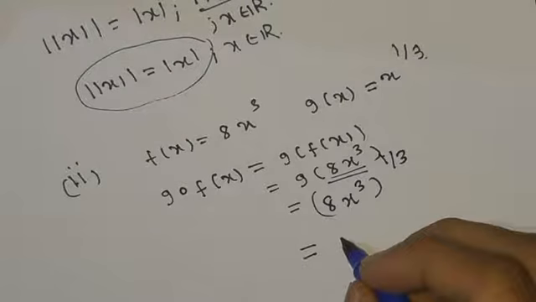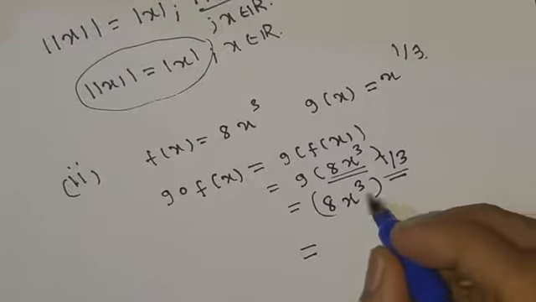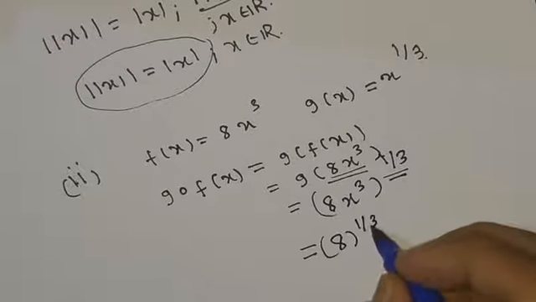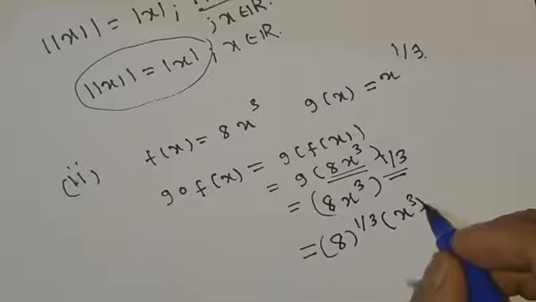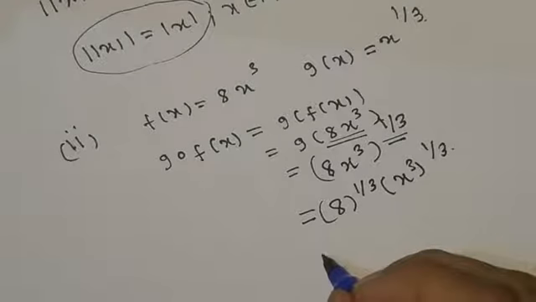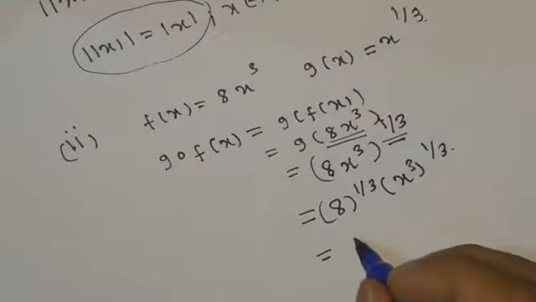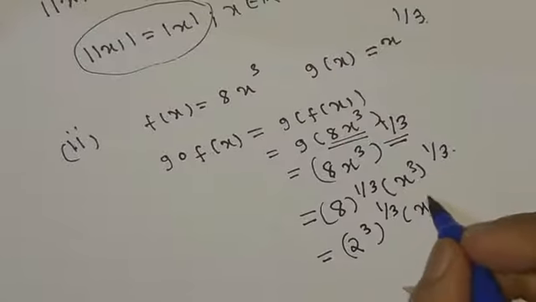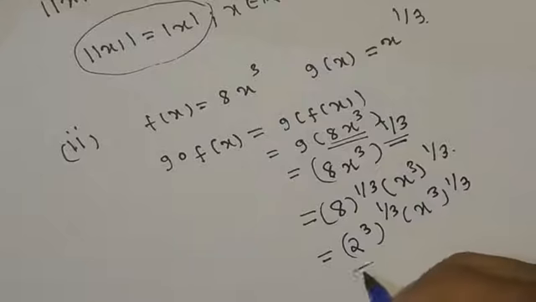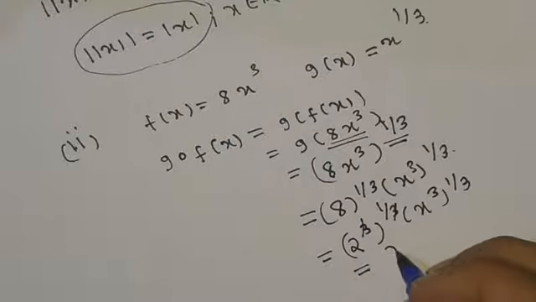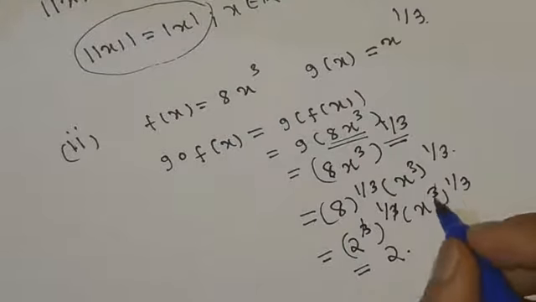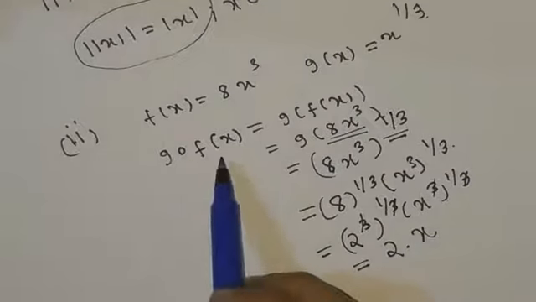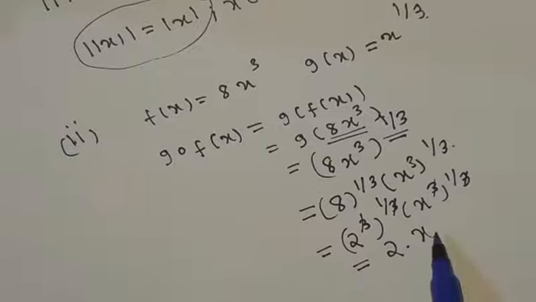By the law of indices, this will split to 8 raised to 1 by 3 multiplied by x cube raised to 1 by 3. 8 is 2 cube, raised to 1 by 3, and this is x cube raised to 1 by 3. So here 3 and 3 will get cancelled. You will get 2 multiplied by x. So g composition f of x is equal to 2x.